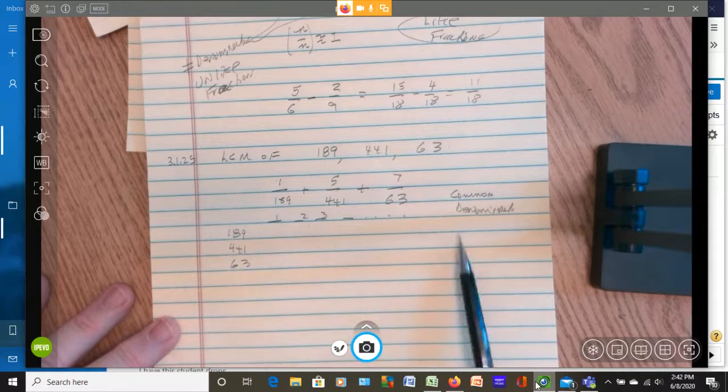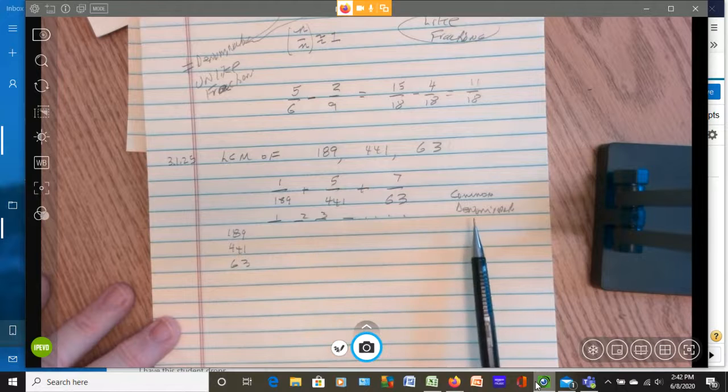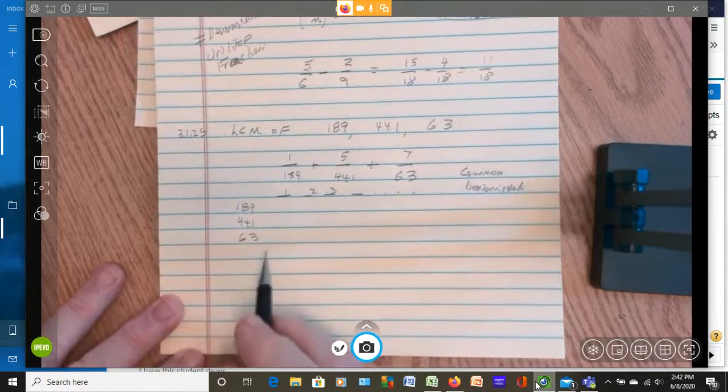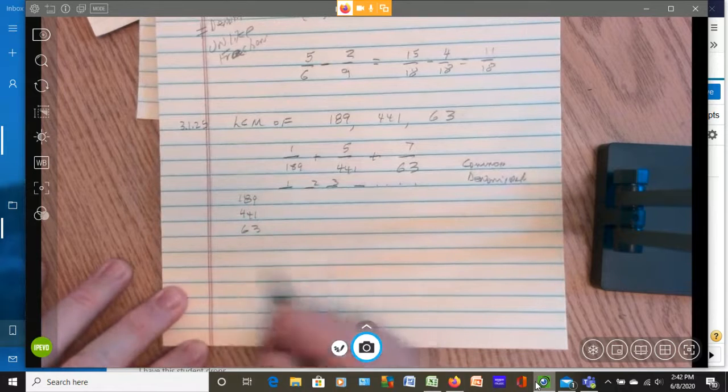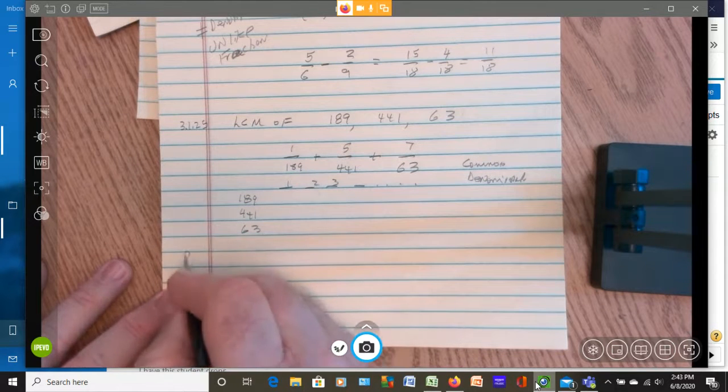Eventually, somewhere out in here, we would find a common multiple, and that would be the lowest common multiple, which we would then make our common denominator. Very time-consuming and very tedious. So we're not going to use that method. We're going to use the prime factorization method.